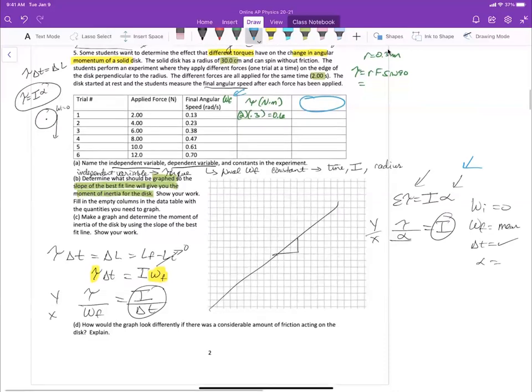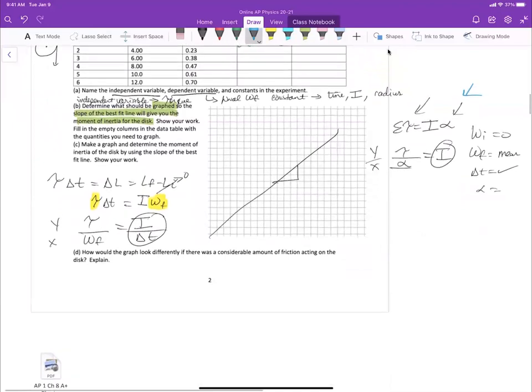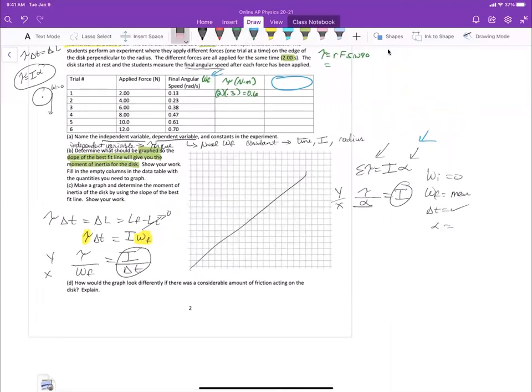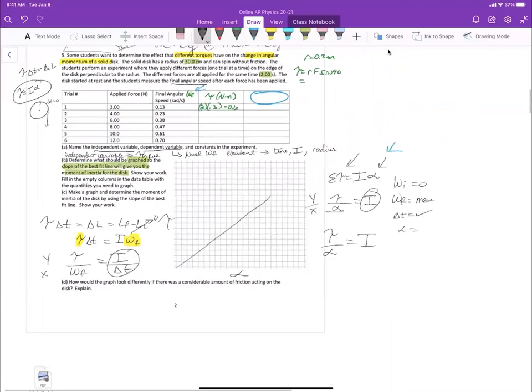Try it. All right, how would the graph look different if there was a considerable amount of friction acting on the disc? Explain. Let's assume we do torque over acceleration equals I. Well, if there's a considerable amount of friction, the slope, which is equal to I, would not change.